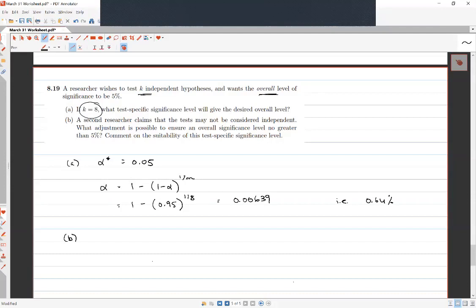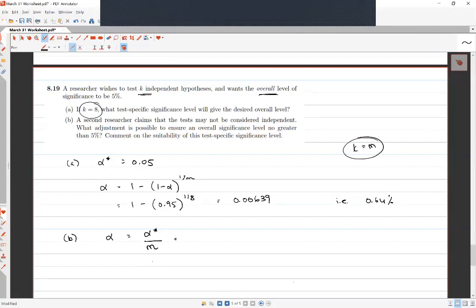What about if we do not have independence? Well, if we do not have independence, then our adjustment looks a little different. We just take the overall level we want and divide it by the number of tests that we're performing. And I'm just realizing I'm writing M in my solution here, but it was called K. So just note here, K and M are the same quantity.